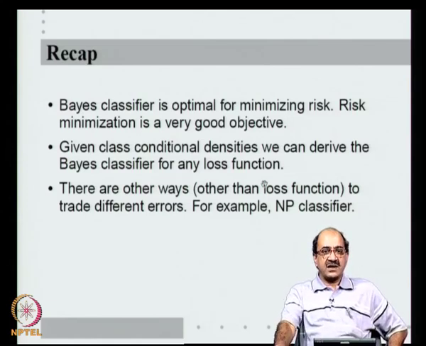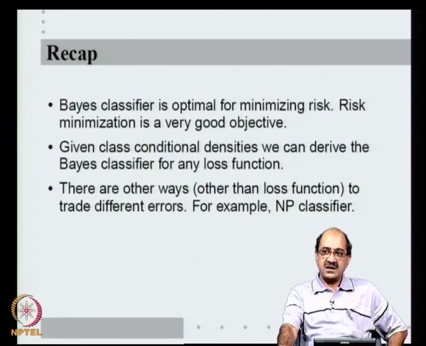But there are ways other than through a loss function to trade off different kinds of errors, and one such example we considered last class is the Neyman-Pearson classifier, where instead of saying this error is so many times costlier than that error and hence minimize the total weighted error rate, we are saying that one kind of error should have probability below some alpha and then minimize the other kind of error.